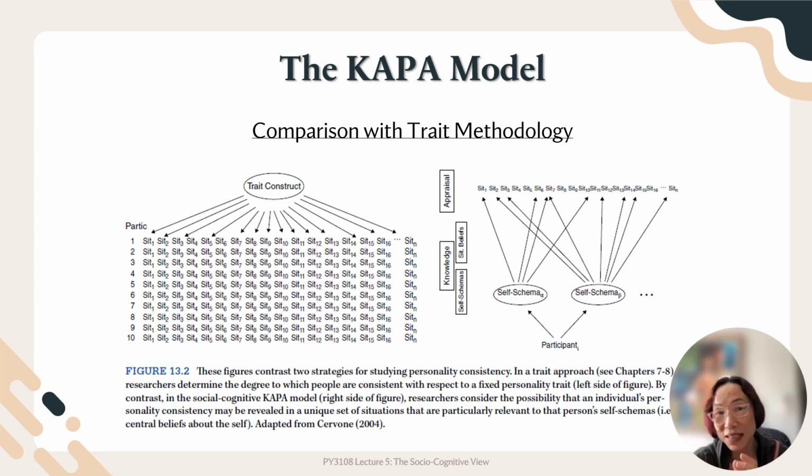But for social cognitive theorists in the Kappa model, it's based on the schema, different schemas working together in different situations. And also the self-schema is the knowledge, and then the situation is the appraisal process.